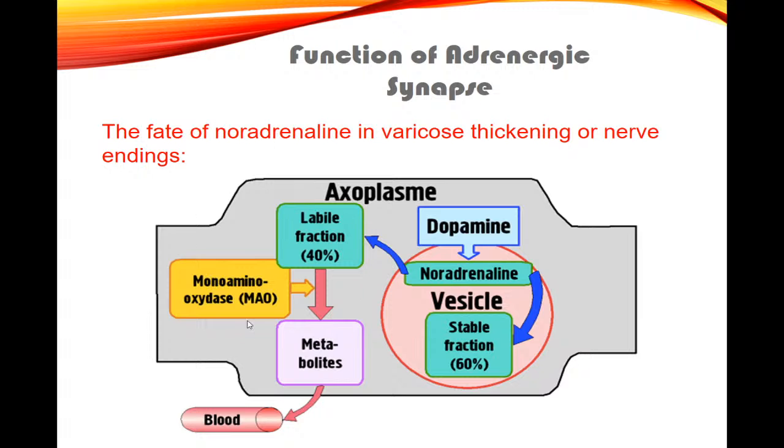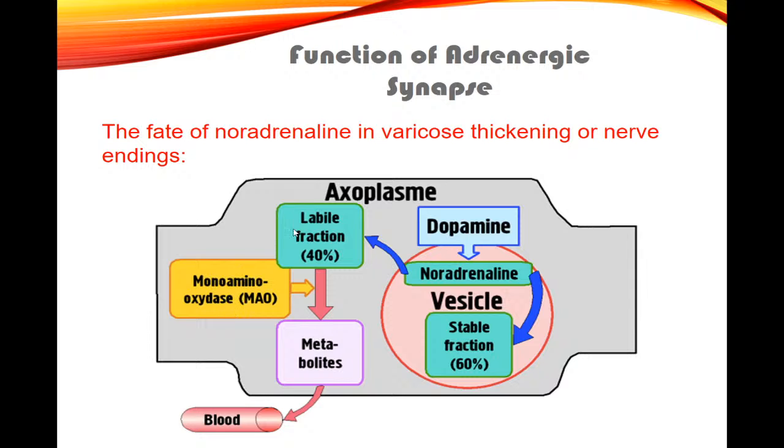In exoplasm, there is a special enzyme, monoamine oxidase, oxidizing monoamines. That is why if monoamines are in exoplasm, they are metabolized by this enzyme.